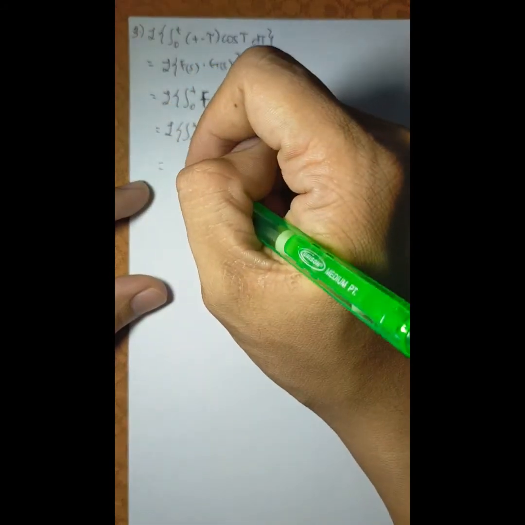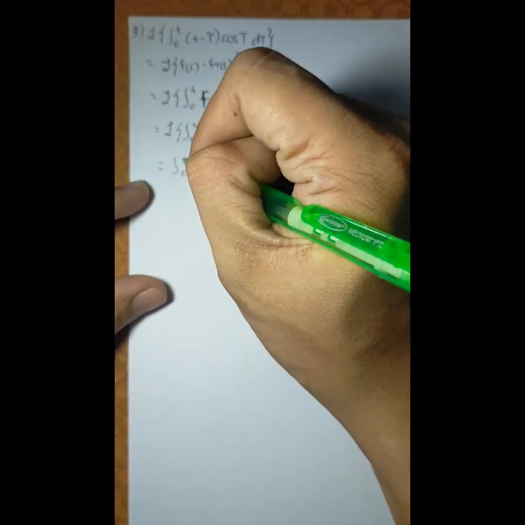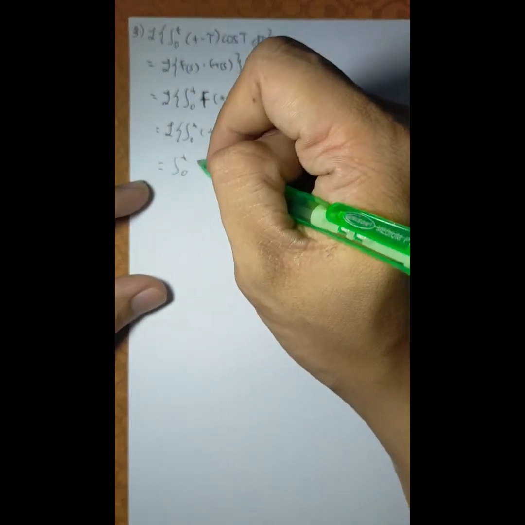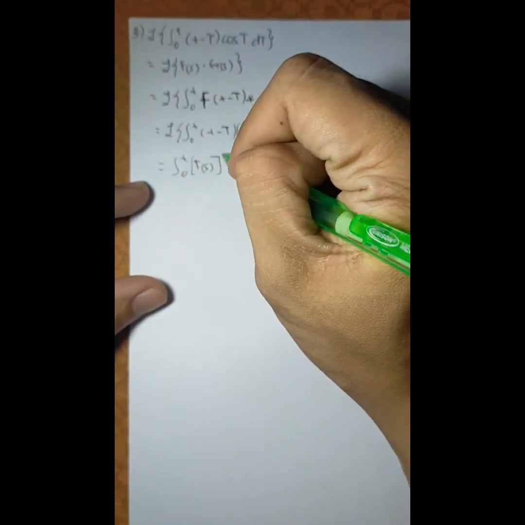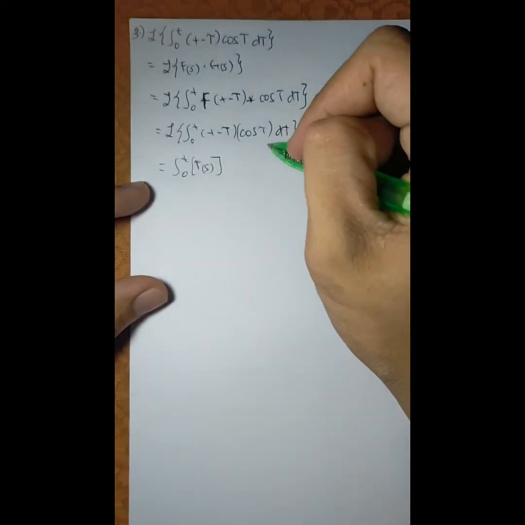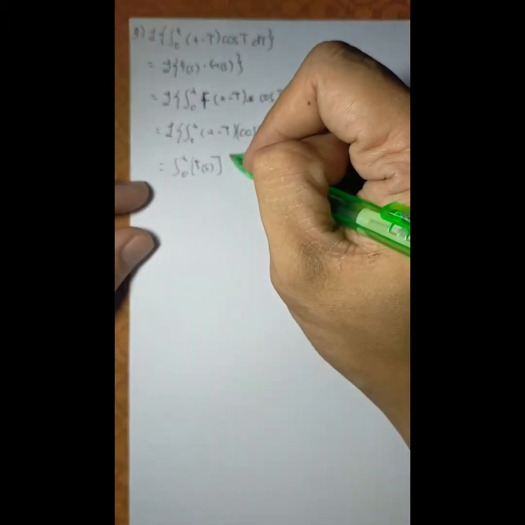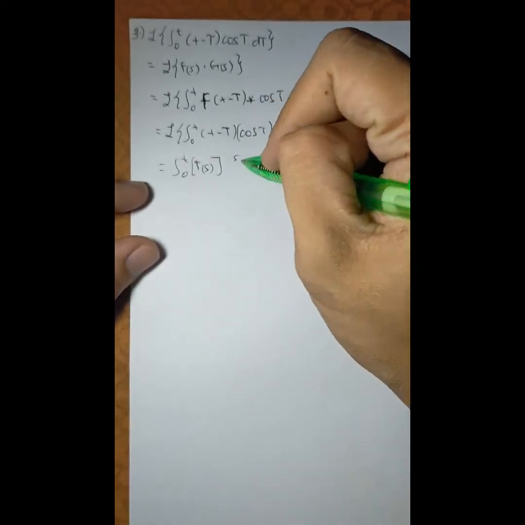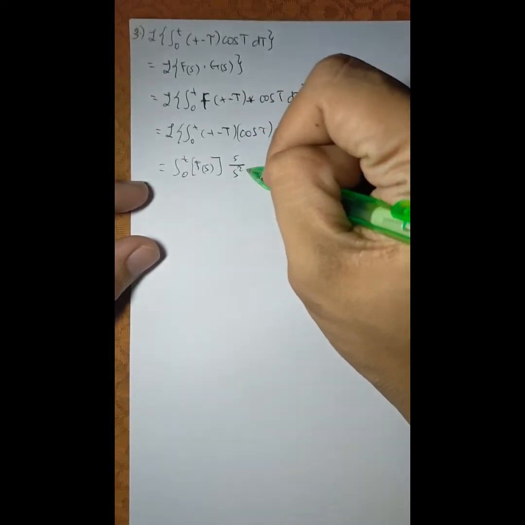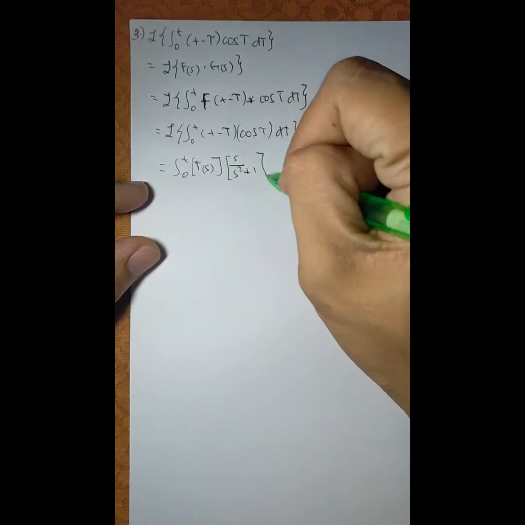And we have integral from 0 to t, F of s times cosine of tau, which is equal to s over s squared plus 1.